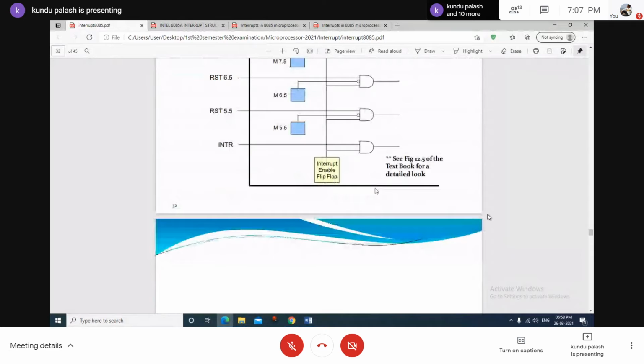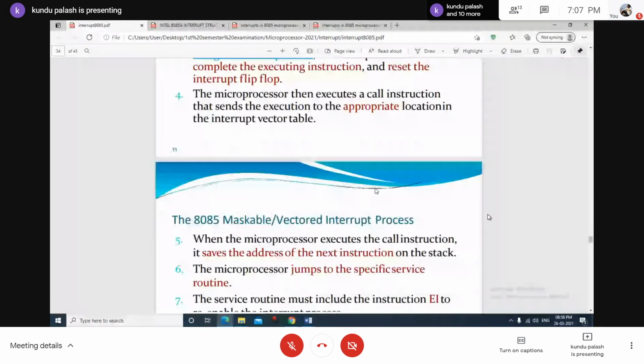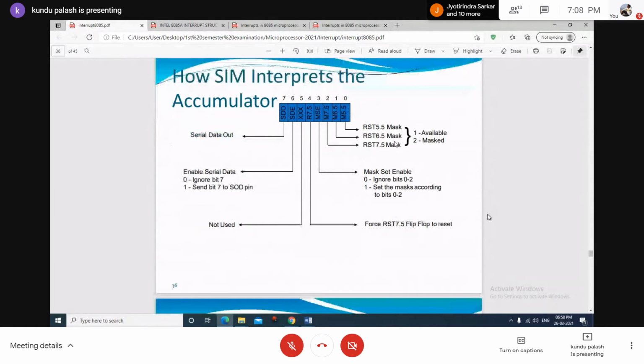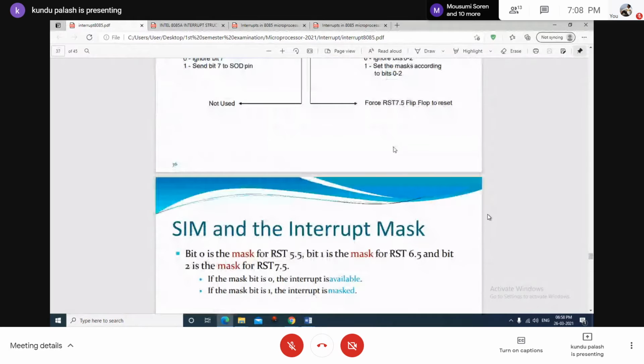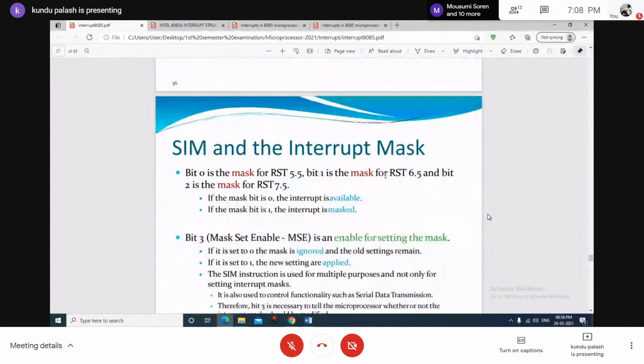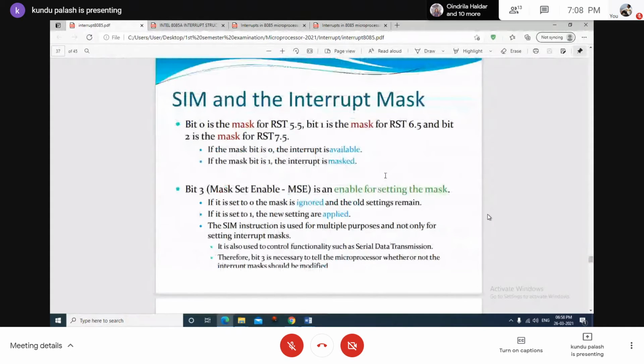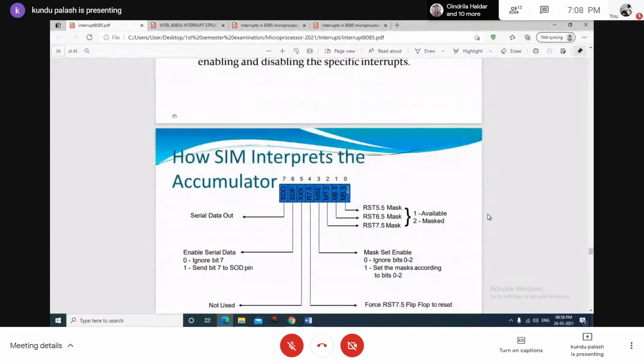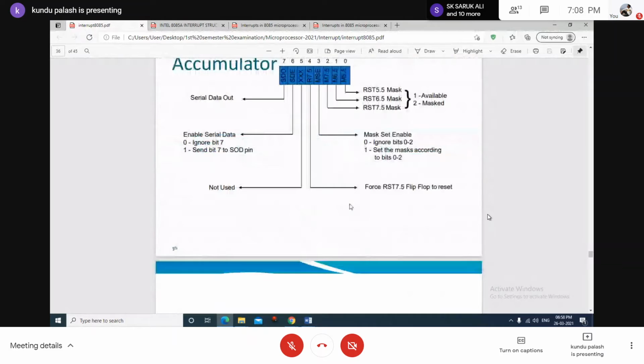That means how the SIM interrupt is manipulated. Before using the SIM instruction, the accumulator, the A register, should be loaded with this byte pattern. Then after this, the SIM instruction should be used. So the accumulator must hold the byte pattern for masking the interrupt system.